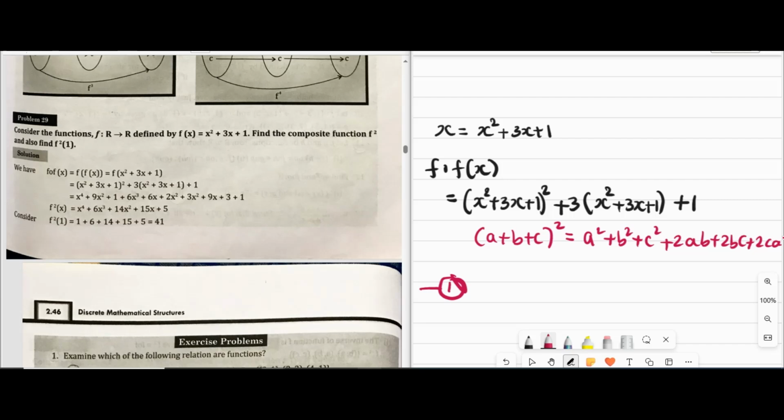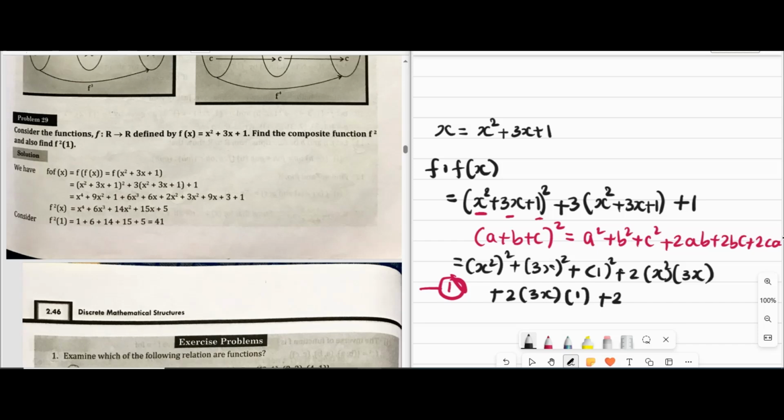So substituting, this will be a, this will be b, and this will be c. Expanding this, we get x square whole square plus 3x whole square plus 1 whole square, plus 2 into a is x square, b is 3x, then plus 2 into b is 3x and c is 1, then plus 2 into c is 1 and a is x square.